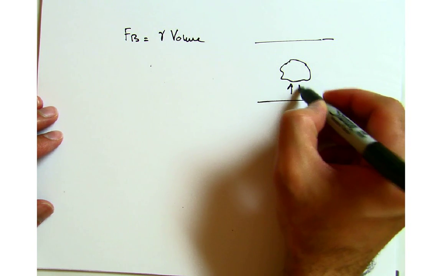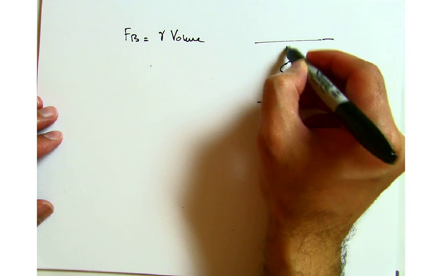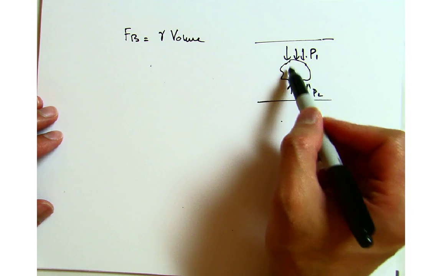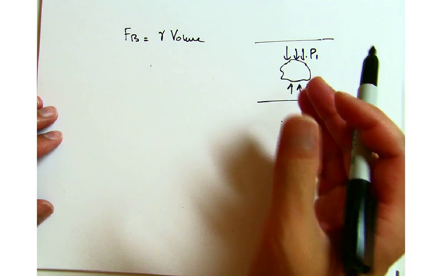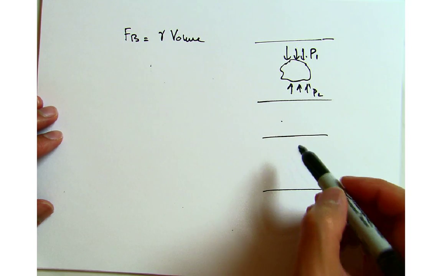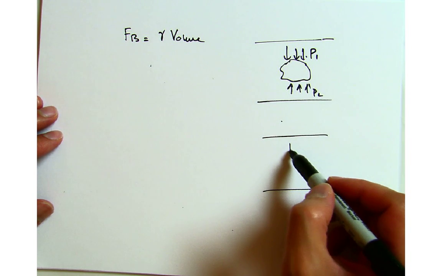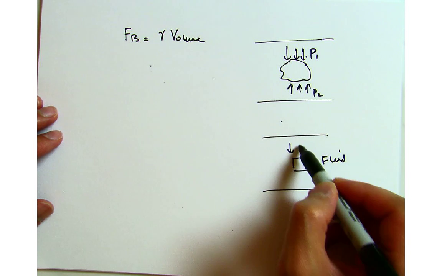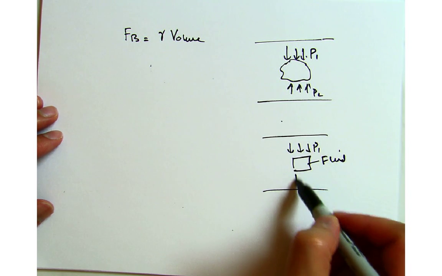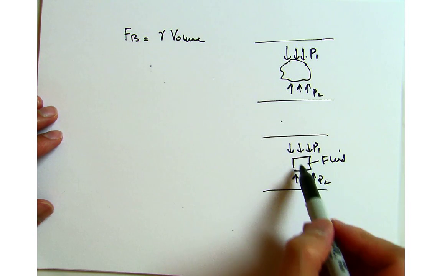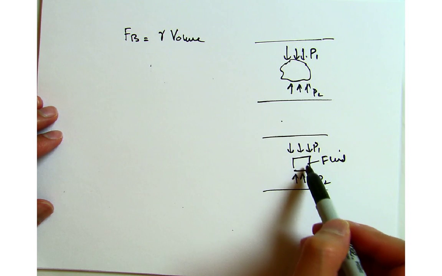Now you have a higher pressure P2 and a lower pressure P1. If there is no object and this is just fluid, as you go down in the fluid, and I take this as a fluid element, you still have a lower pressure on the top and a higher pressure at the bottom, but this fluid does not move up and down, even though it's the same fluid.